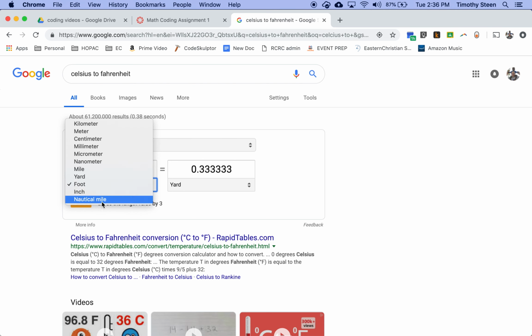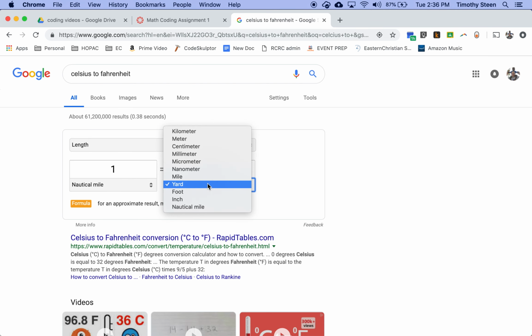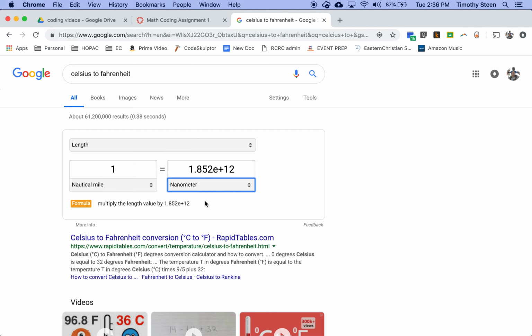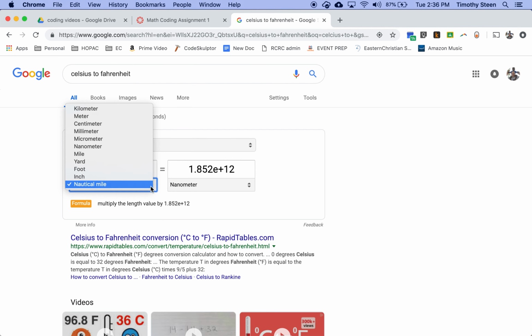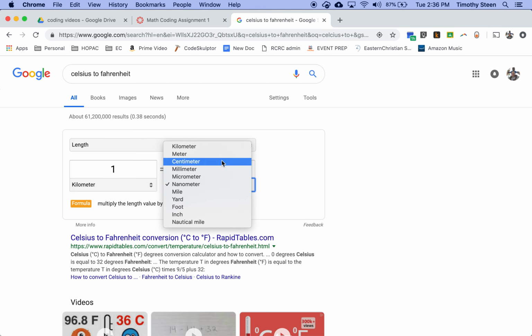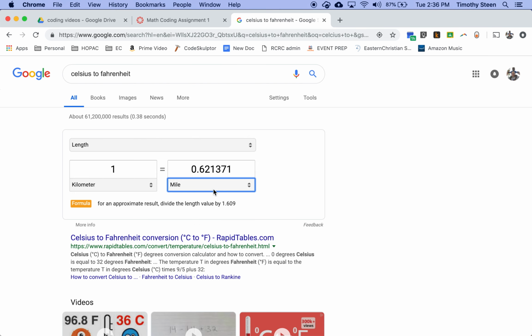So we could say, what is a nautical mile into a nanometer? And it will tell us some formula. But we want kilometers into miles. And I happen to know if I do a 5K race that I'm running about 3.1 miles. And so we should get an answer that's something like this. And so here it tells you again the formula to get the right answer.